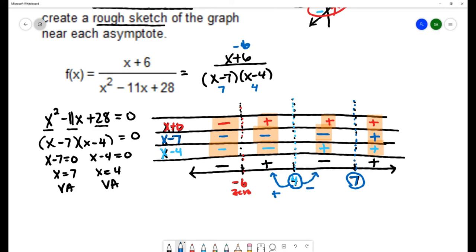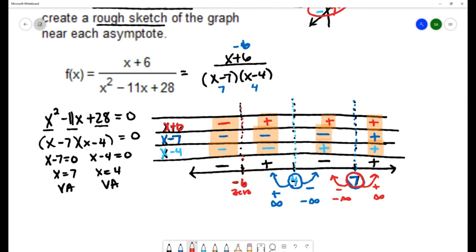So that's going to tell me that the y is going to go to infinity on the left and negative infinity on the right. And for my vertical asymptote of 7, I now know that on the left is a negative and on the right is a positive. And so on the left, the graph will go to negative infinity, and to the right will go to positive infinity.